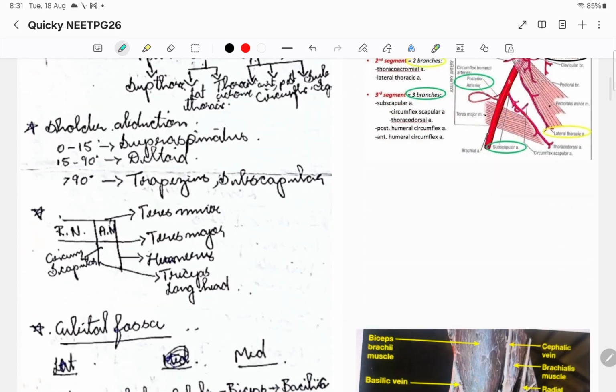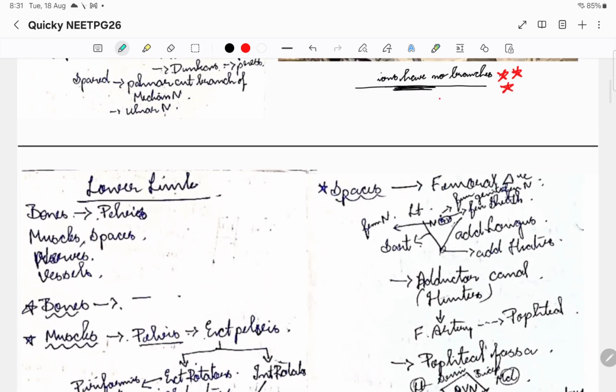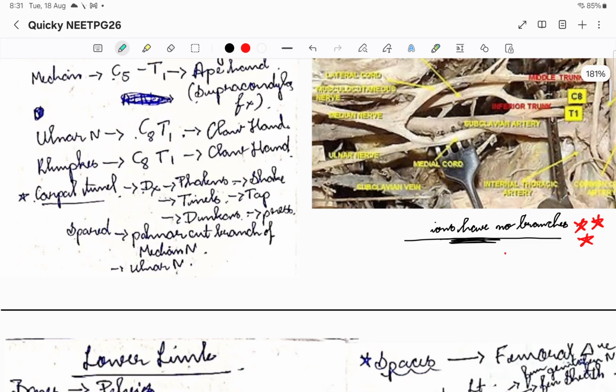One more main thing that I want you to remember with respect to hand spaces is carpal tunnel syndrome. The examiners have been very keen in asking about carpal tunnel syndrome because we are getting to see these features more in diabetic people. Let me give you the orientation of what the carpal tunnel is.